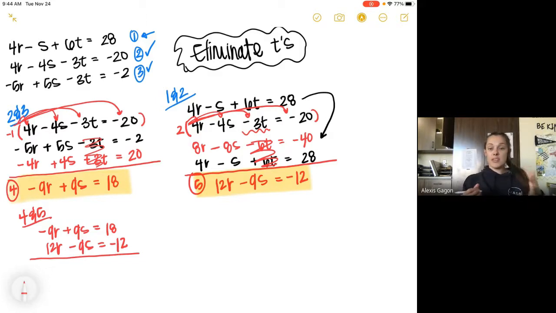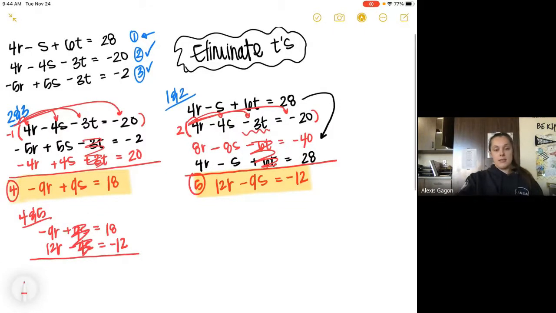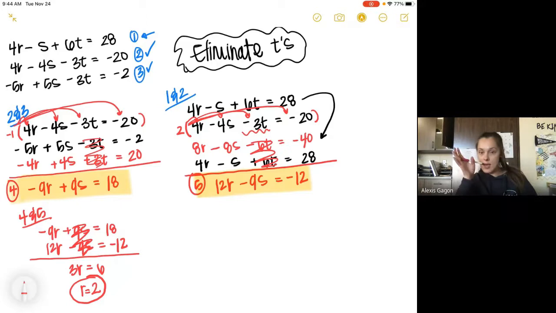This happens to be easy for us because the s's are just going to cancel out right away here. That's not always going to happen, but negative 9r plus 12r is 3r. 18 minus 12 is 6. Divide by 3, and you end up getting r equals 2. Any questions at all with how we got to there?